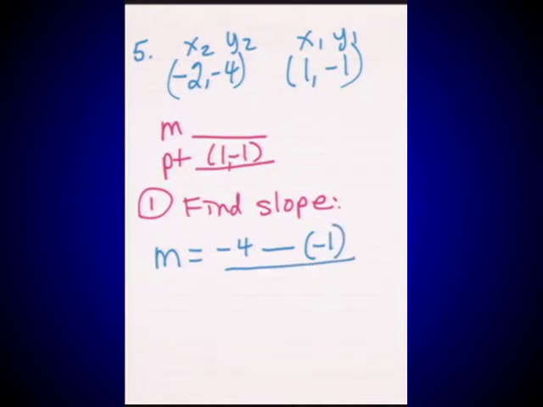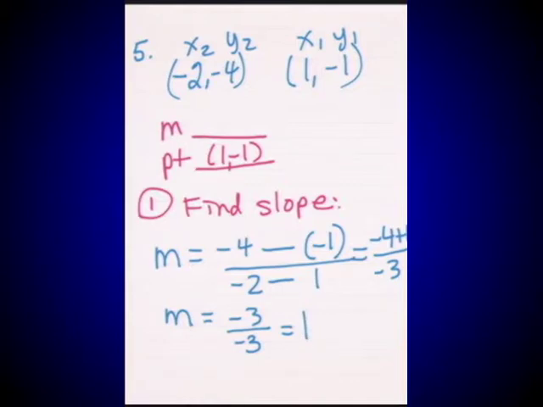Then x sub 2, negative 2, minus in the formula, 1. That gives me negative 4 plus 1 divided by negative 2 minus 1 is negative 3. So our slope then is what? Negative 3 divided by negative 3, which is 1.